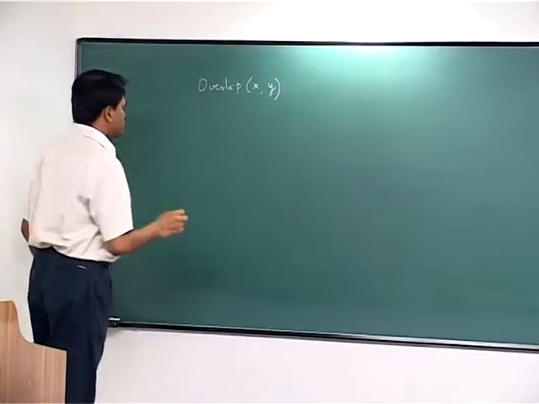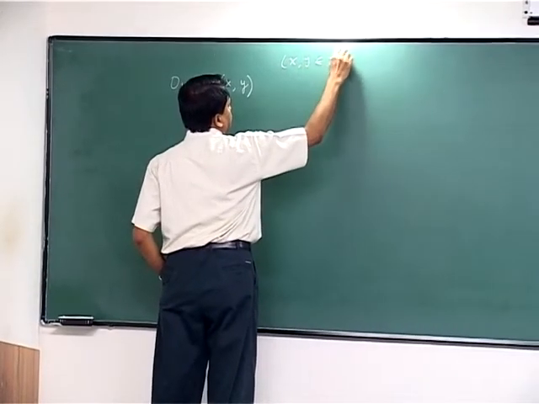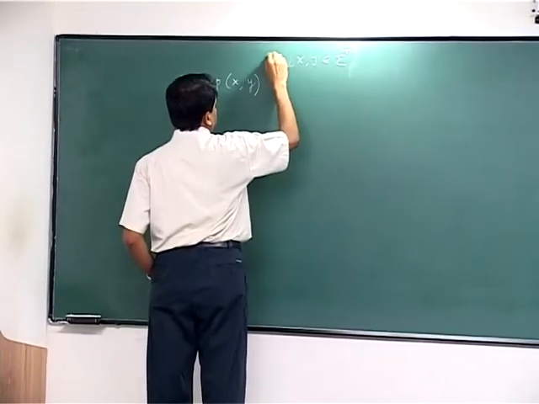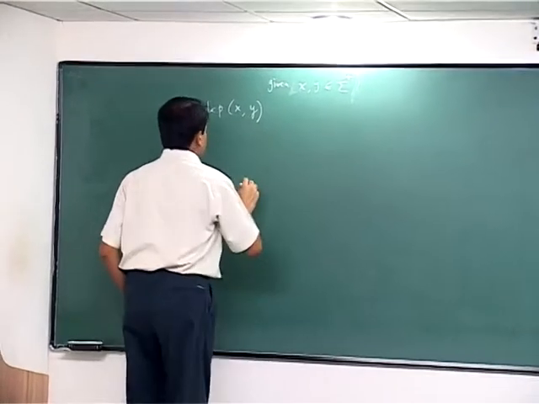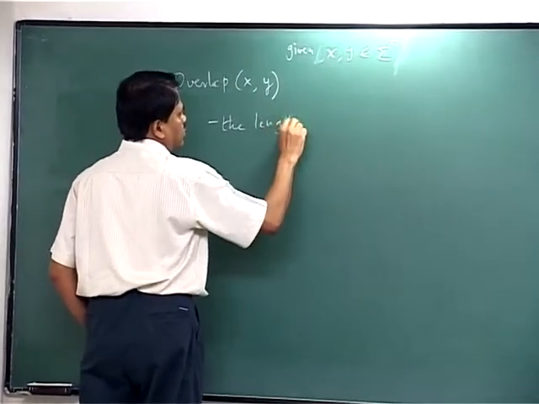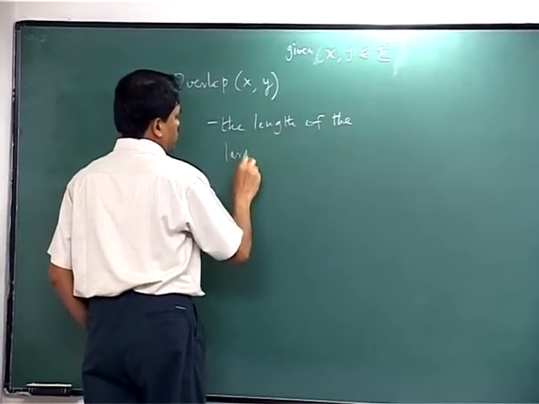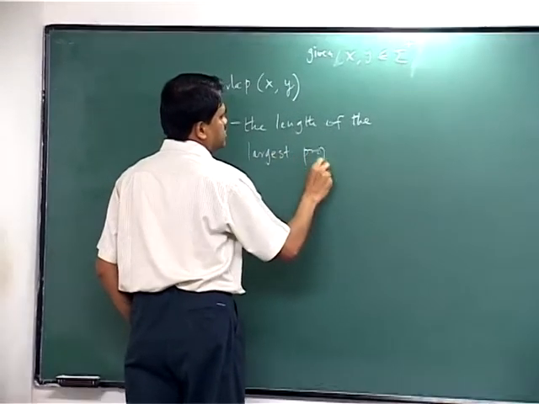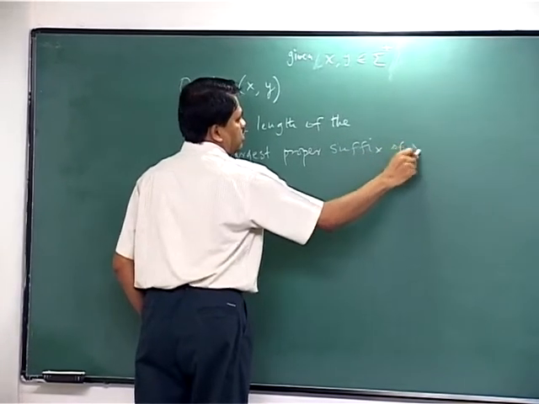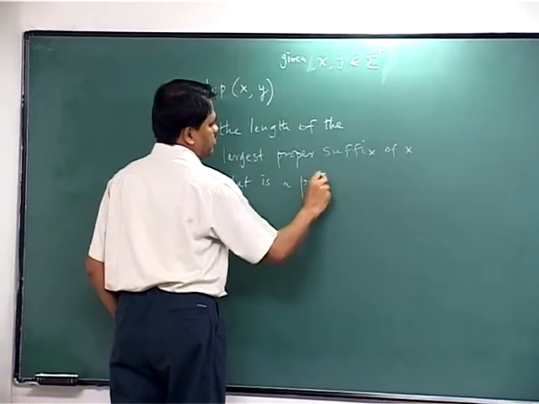Where x and y are strings, the way we defined it is the length of the largest proper suffix of x that is the prefix of y.